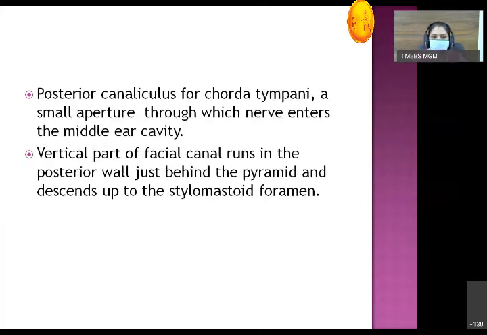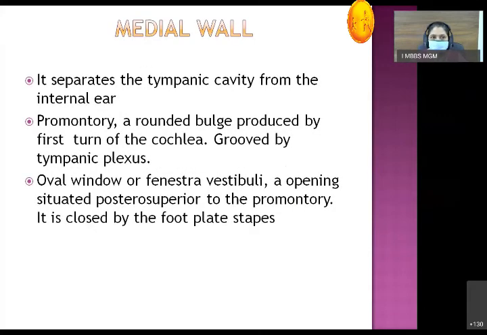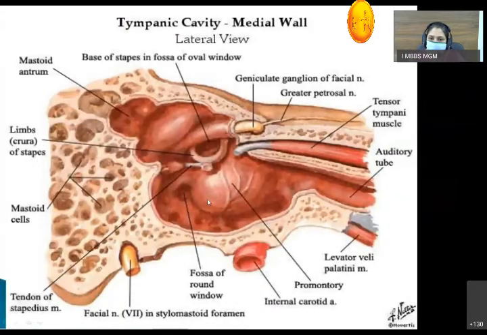So here you can see this part is the fenestra vestibulare, the oval window, which is covered by the footplate of the stapes, present in the posterior-superior part of the promontory.